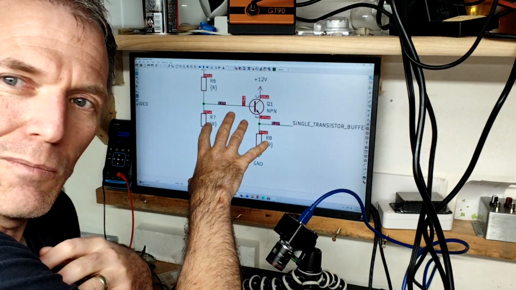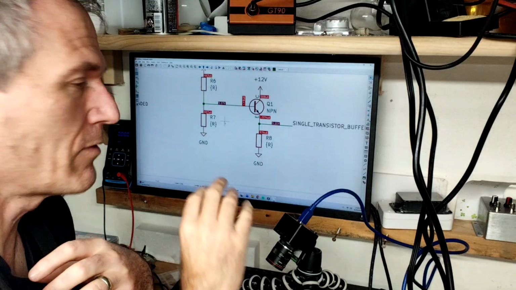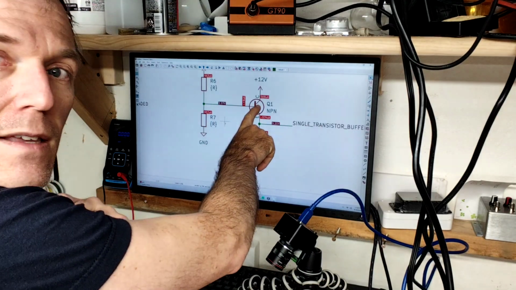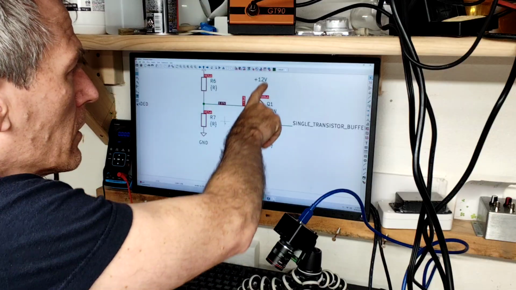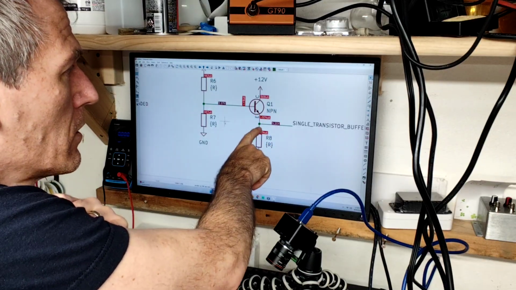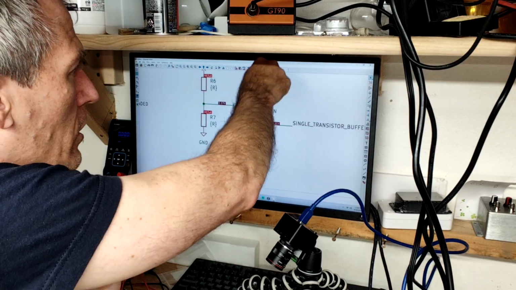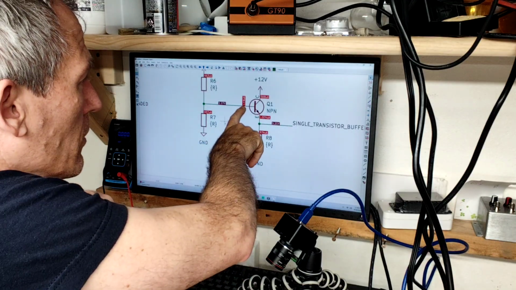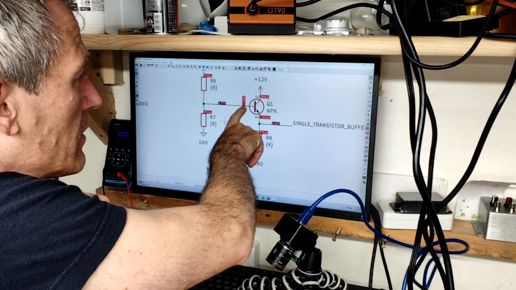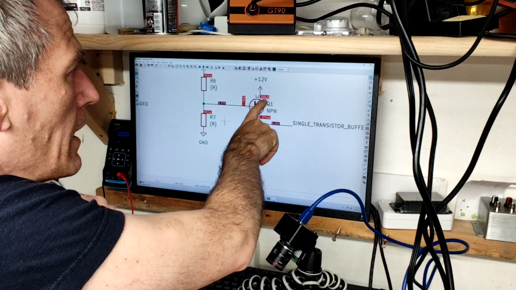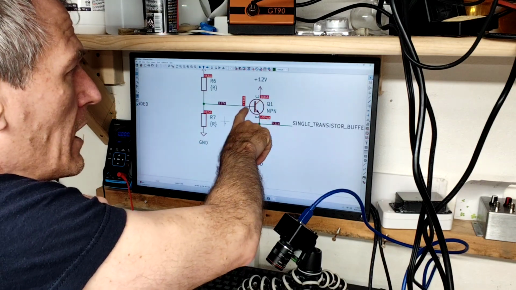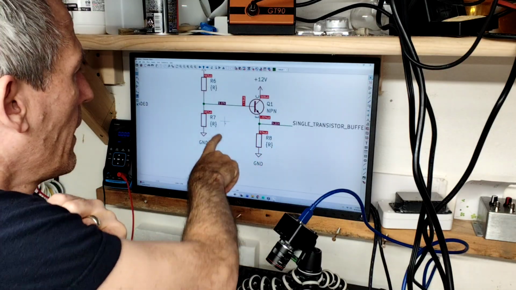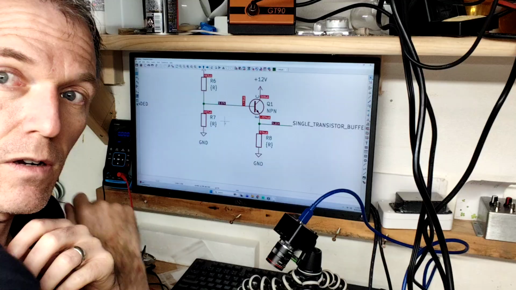And in most simulations and most textbooks, you'll have a beta value of about 100, meaning that the current coming into the base is 100 times smaller than the current coming out of the emitter, or roughly equivalently, the current coming in through the collector. And so what we see here is only 5.6 microamps going in, right? And about 100 times that, almost 568 microamps going through. And so the resulting voltage drop over here is really small.